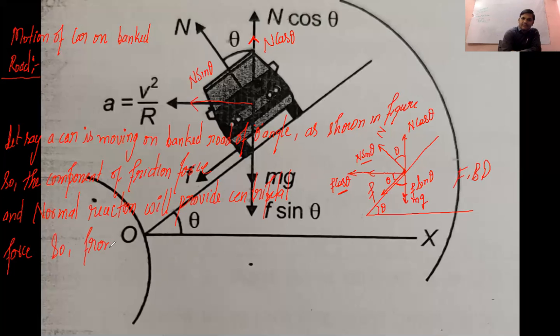So from FBD, what we can write? This n cos theta.